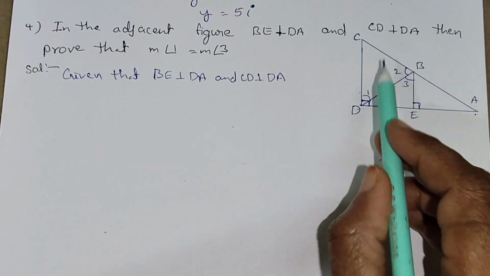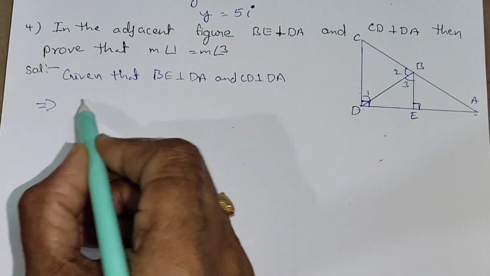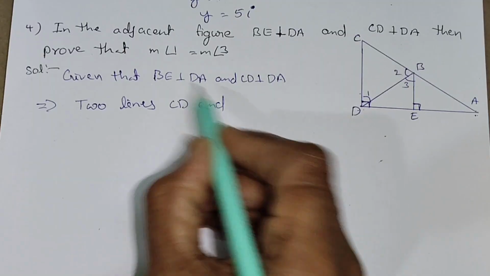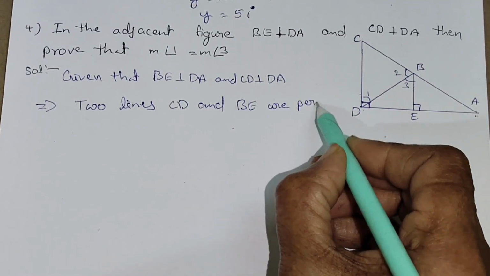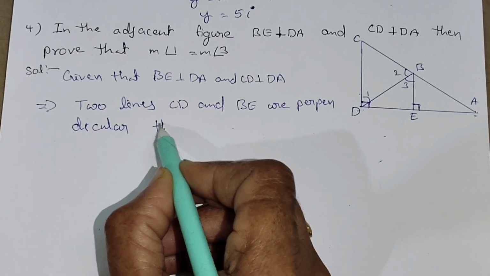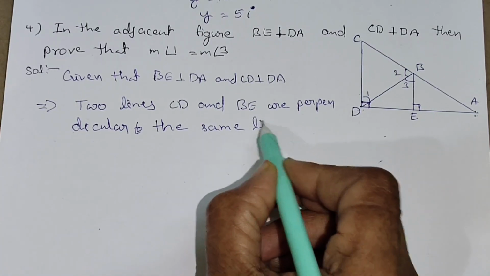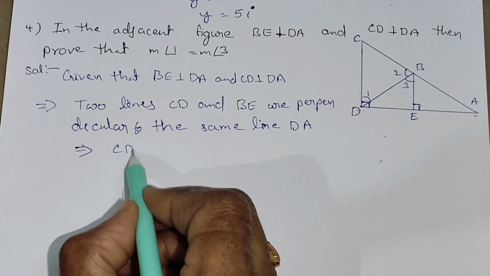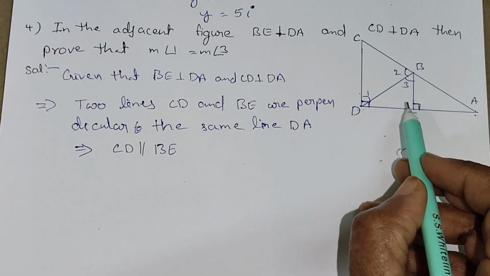So we write that: two lines CD and BE are perpendicular to the same line DA. So that implies CD is parallel to BE.